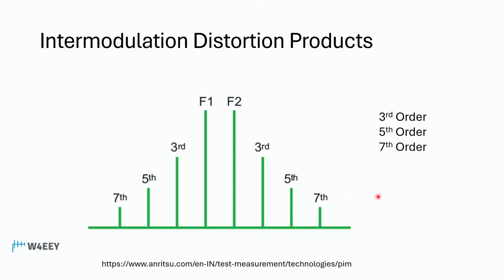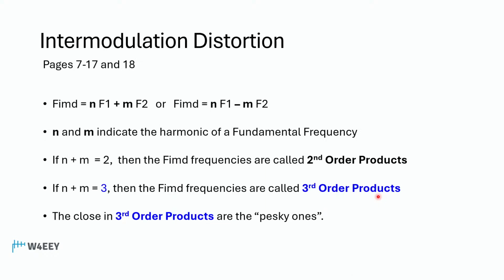Well, it has to do with this formula, and on pages 7, 17, and 18, we have this. We want to find some frequencies that would be third order products. And we're looking at this formula. I'm going to put my glasses on again.